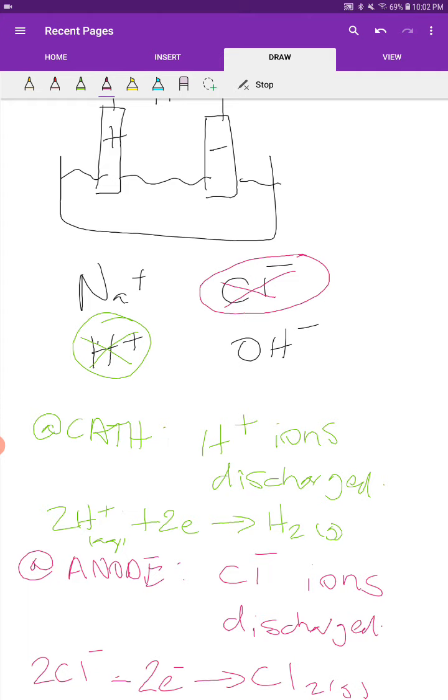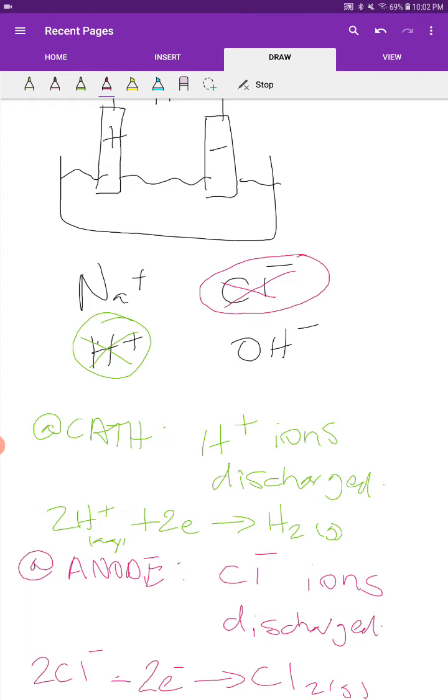Okay, so again you have effervescence of a gas at each electrode. However, chlorine is a very useful gas because it's used in making bleach, it's used in manufacturing cleaning products. So this is commercially useful.